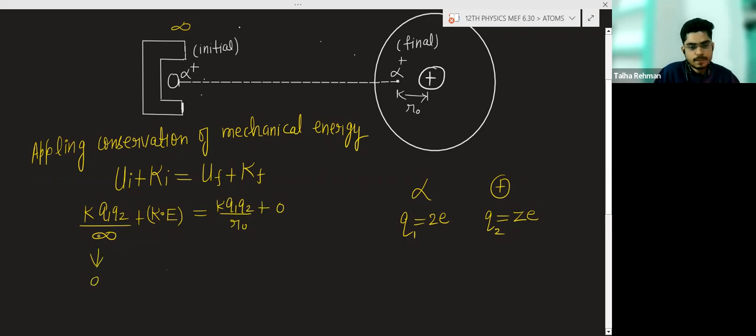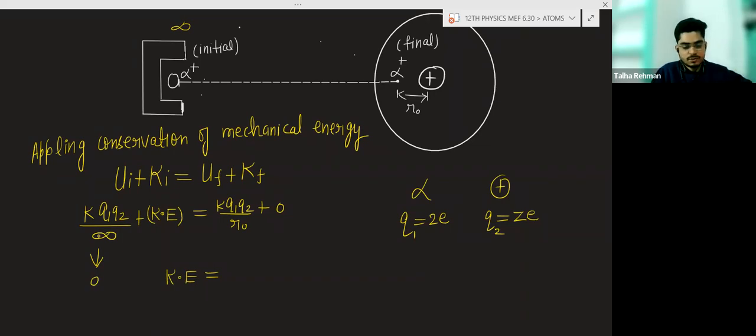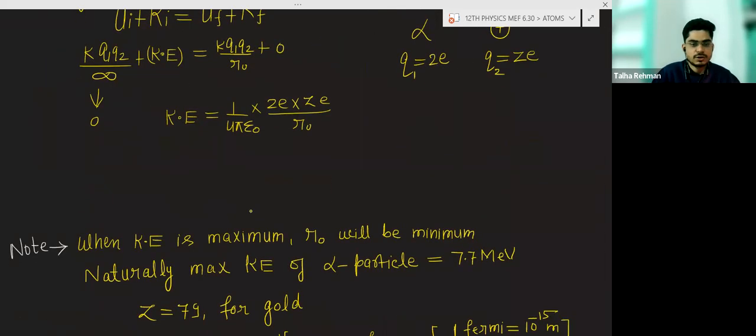So you will have kinetic energy is equal to K Q1 Q2 divided by R naught. Now K is 1 upon 4 pi epsilon naught, multiplied by Q1 which is 2e, multiplied by Q2 which is Ze, divided by R naught. So from here we can calculate R naught.